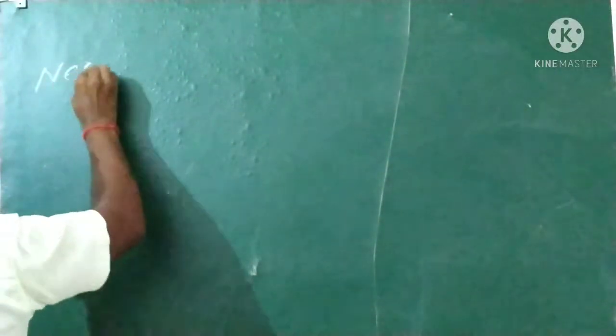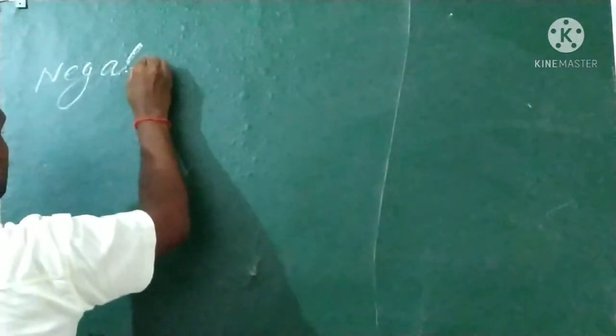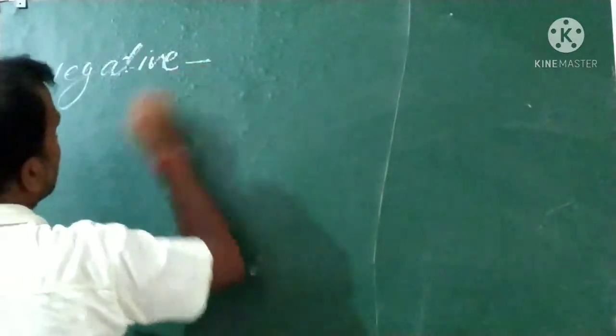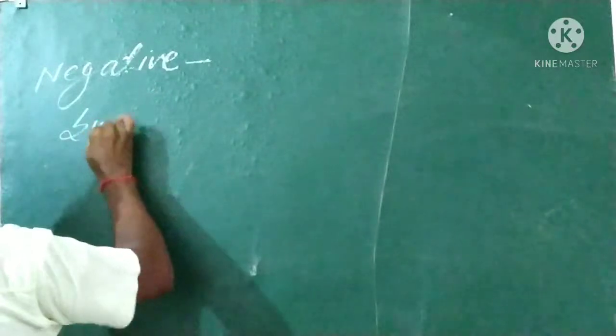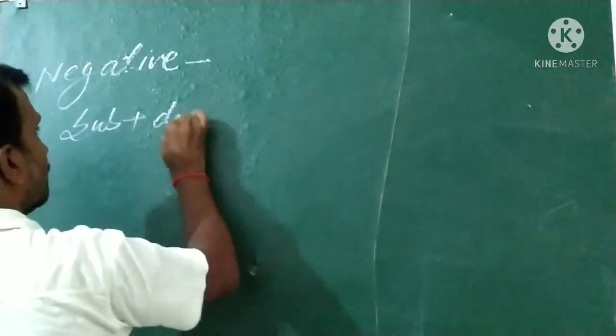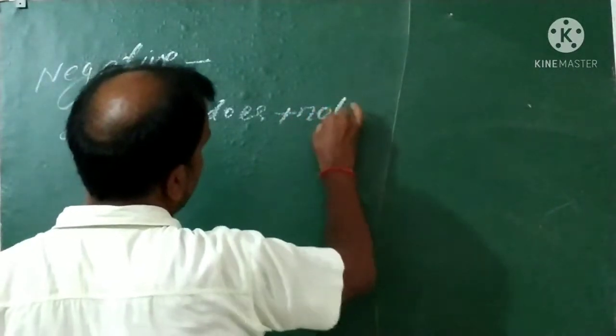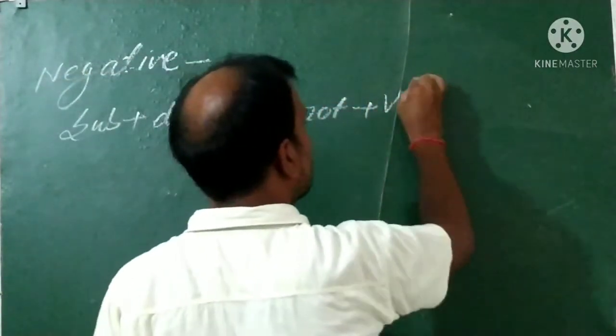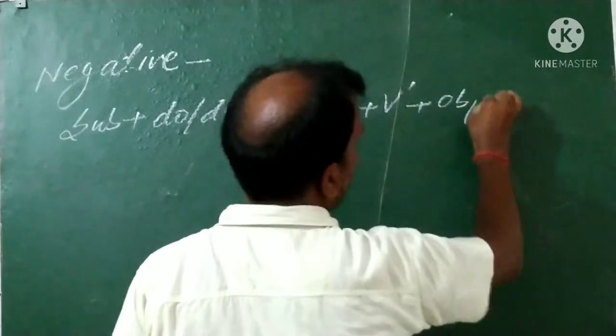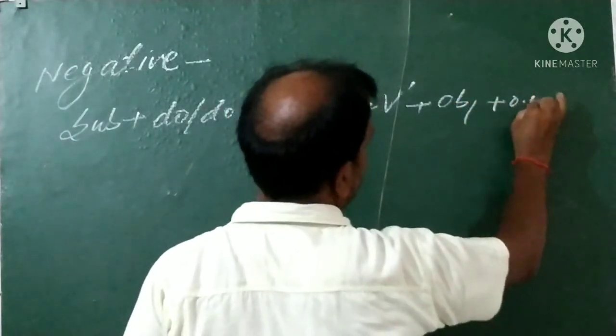Now negative. Negative. What is the order of negative? Subject plus do or does plus not plus verb of first form, object and other verb.